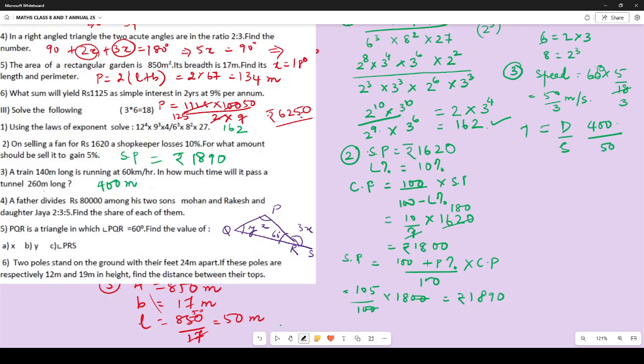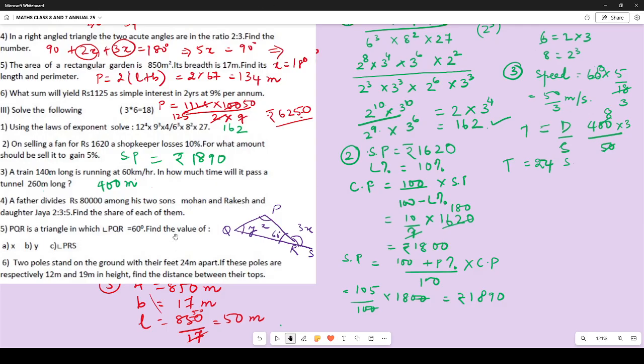This 3 goes up, so you get 8, and the time is 24 seconds, right? So it will take 24 seconds to cross the tunnel, which is 260 meters long.